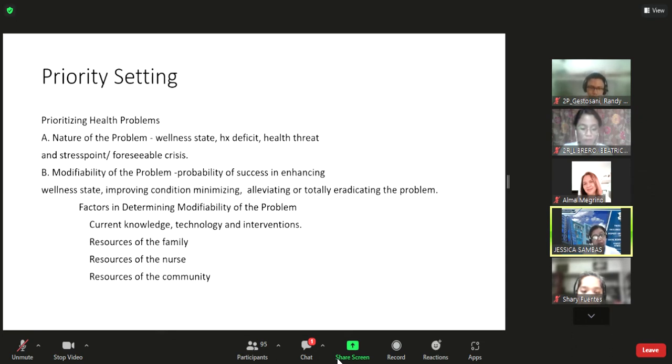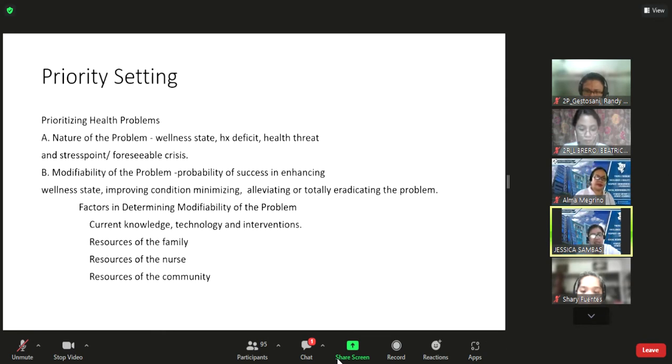Now, we have factors to consider in determining the modifiability of the problem. Unang-una, may current knowledge po ba? Okay? Ang family pertaining to the problem, for the technology that is existing, what are the possible interventions? May alam ba sila? Okay? Yun ang tatanungin natin. Now, are there any resources that is available, okay, within the family?